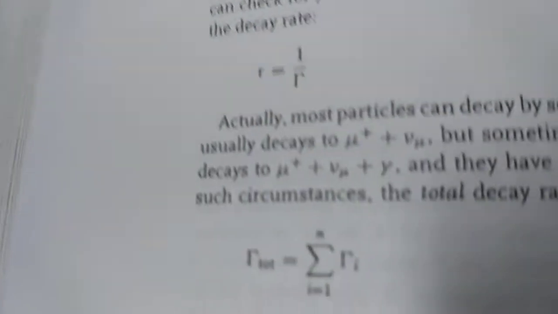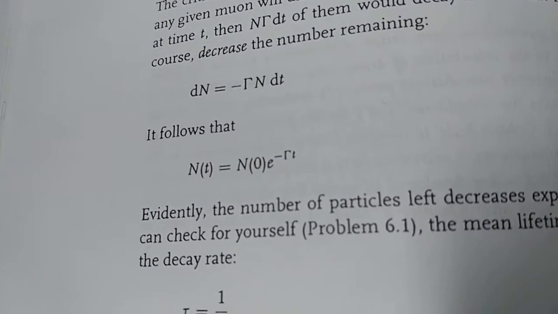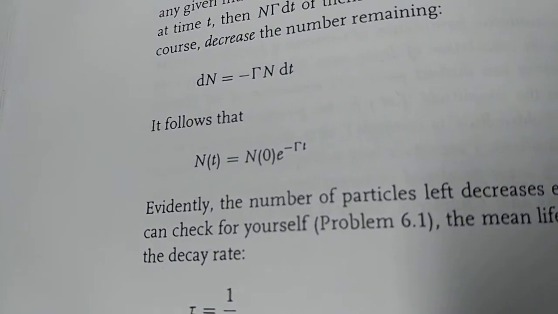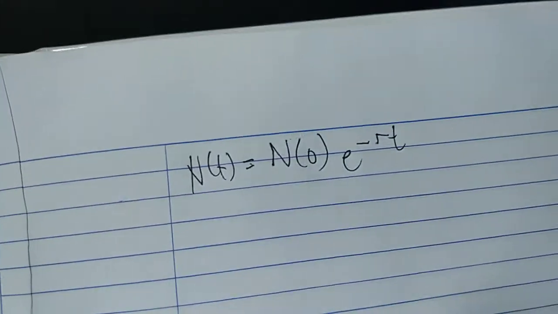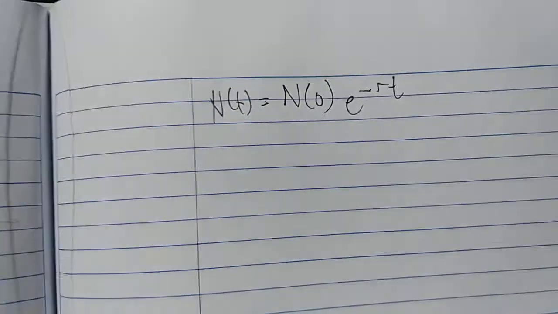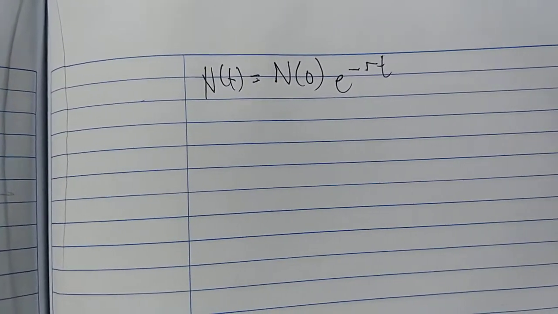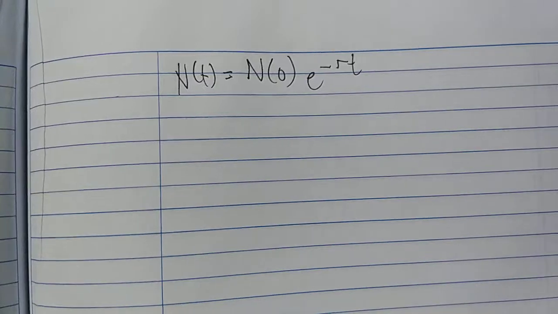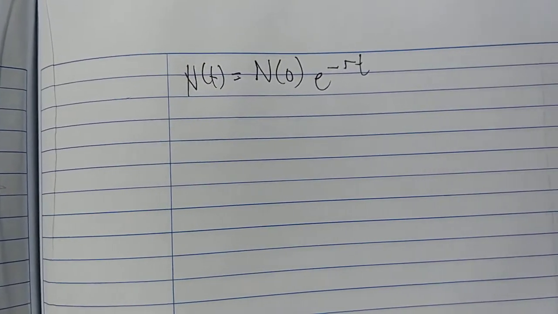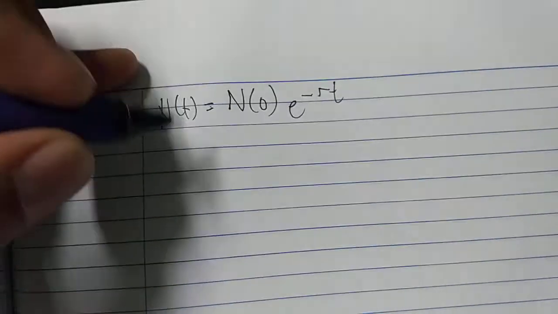So let's write down the number of particles that remain at time t. It is N(t) equals N(0) e to the minus gamma t. I just wrote it down. Now we would like to ask what is the number of particles that will remain after a time elapsed dt.